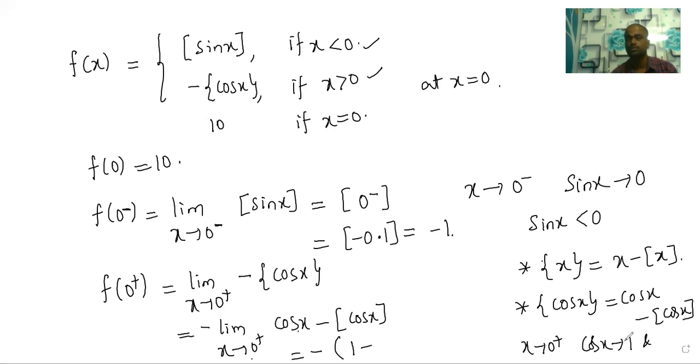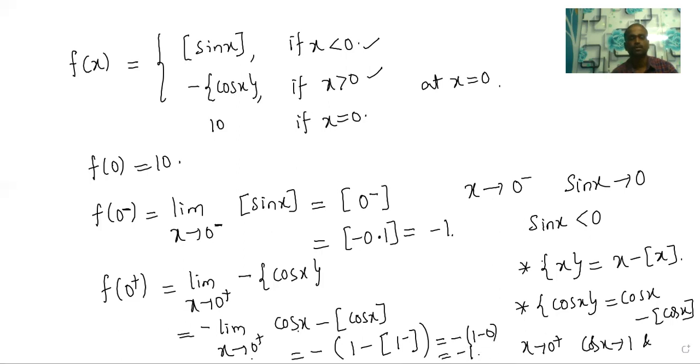So compulsorily it is tending to 1 from the left side, that means cos x tends to 1 minus. You can consider 0.9, 0.99, and for those values the box value will be 0. So the integral part of 1 minus will be 0.